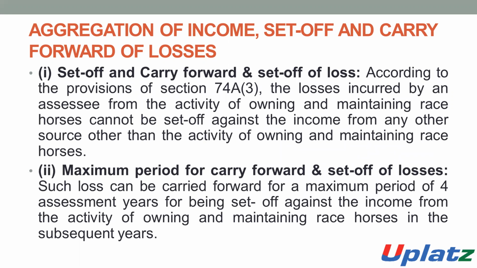Number 1, set off of losses. According to section 74A subsection 3, if there is any loss incurred by the assessee from the activity of owning and maintaining race horses, such an amount of loss can be set off only against the income arising from the same source, that is, owning and maintaining race horses.